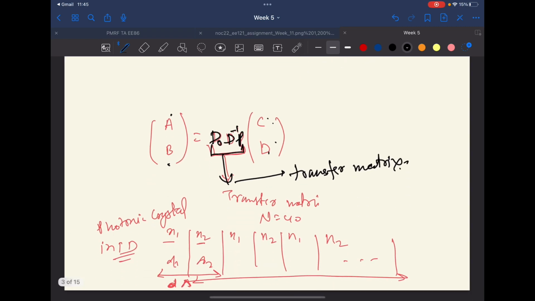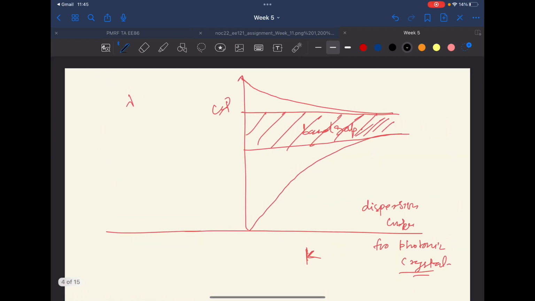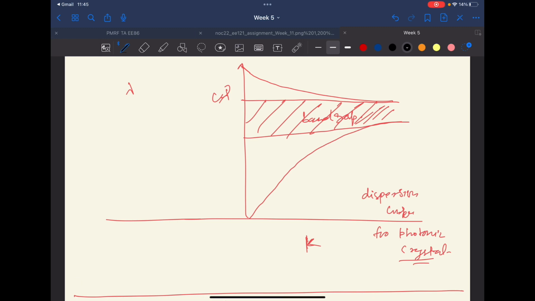This transfer matrix notation is used, for example, for a photonic crystal in 1D. Say there is n1, n2, n1, n2 repeating to infinity, with region thicknesses a1 and a2, and the total periodicity is gamma, with gamma 1 and gamma 2 the parts.